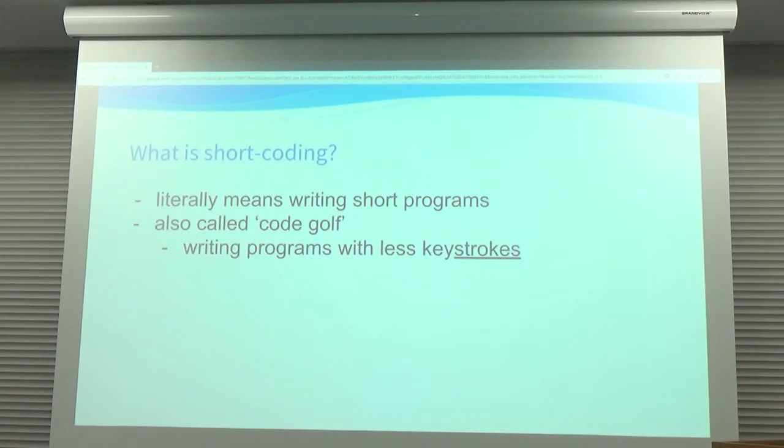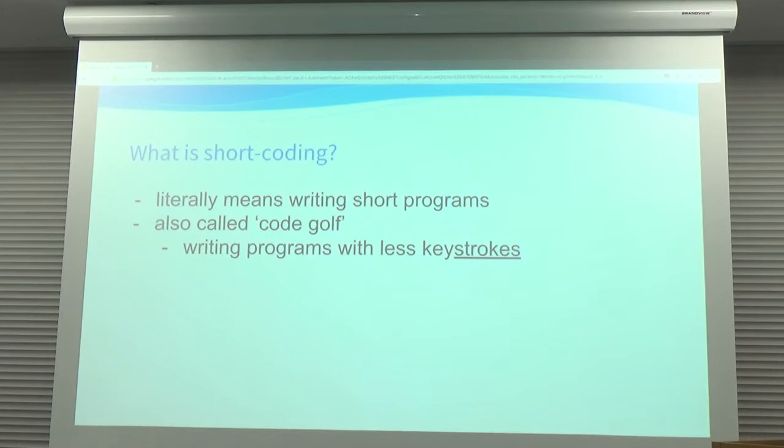Okay. So first, what is short coding? Short coding literally means writing short programs, and it's also called code golf, because it means writing programs with fewer keystrokes.